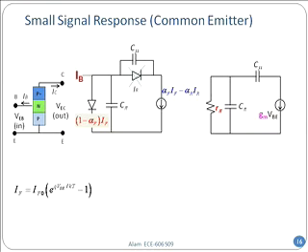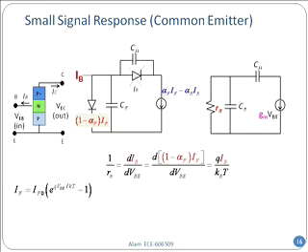You know that the forward current is IF naught and the exponential of that, we know that. So first of all, I have a small signal. So I'm changing the base current a little bit, right? With a little bit on top of the DC bias. So I must know how my base current is changing with respect to VBE. As my input signal is changing, how is my base current changing?